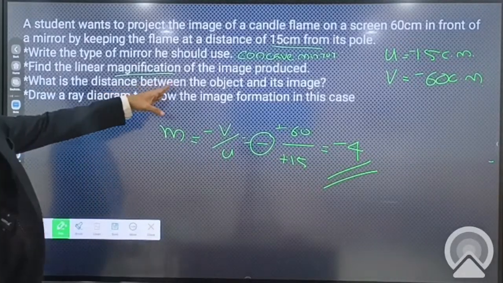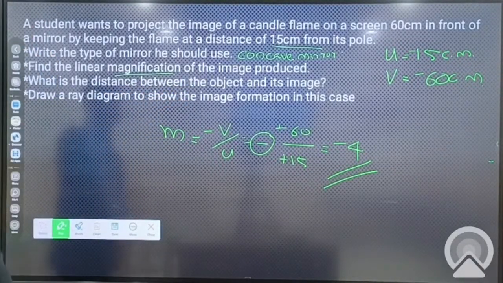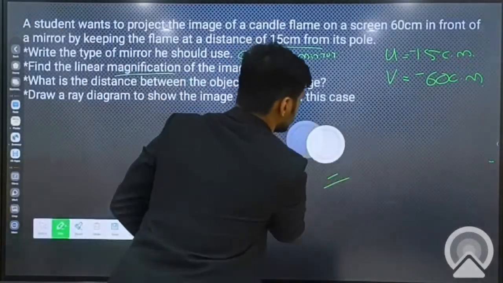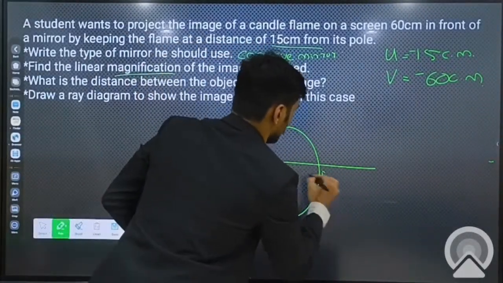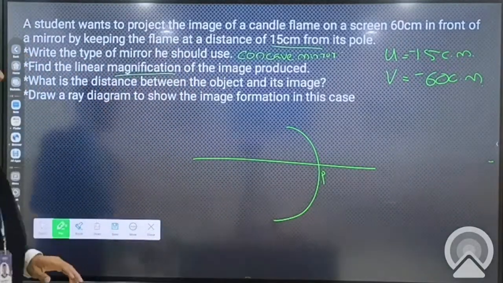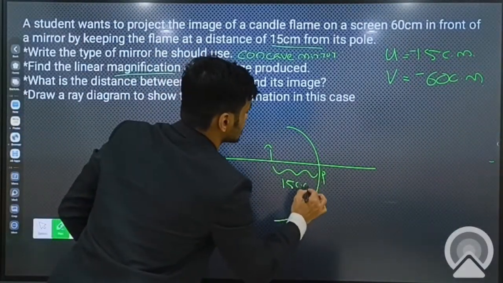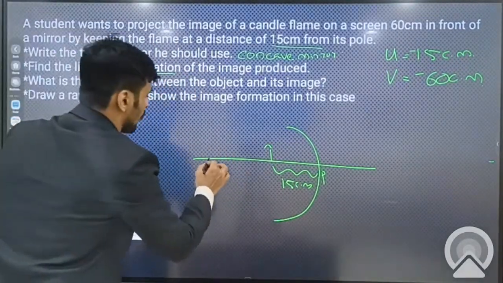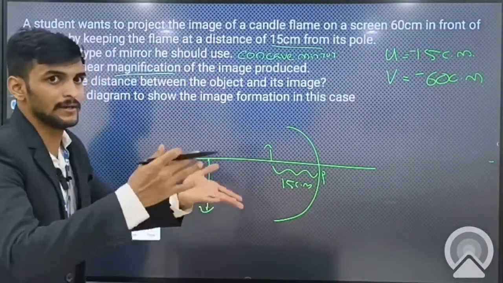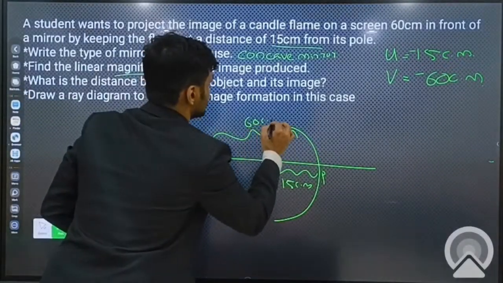What is the distance between the object and its image? This is the next question. Listen, guys, I'm going to draw the picture. Pole, and here the object is at 15 centimeter. This is a concave mirror, and the image formed will be inverted, and the image distance is given, that is 60 centimeter.